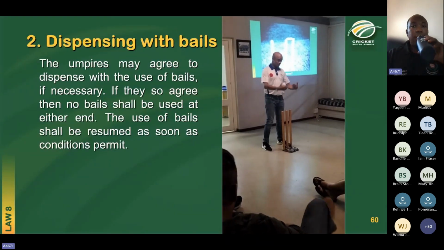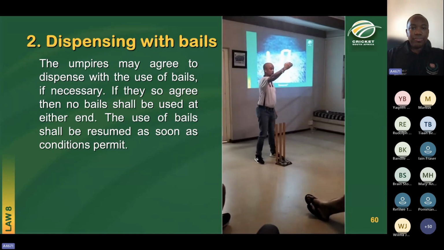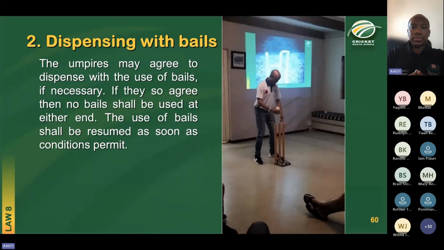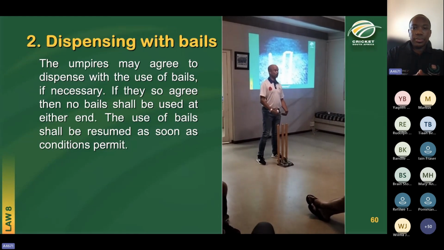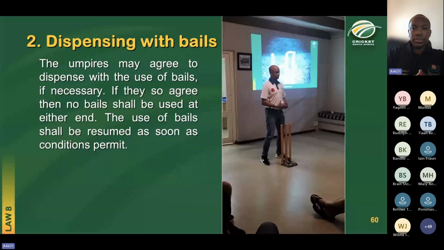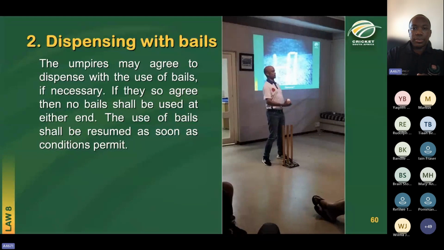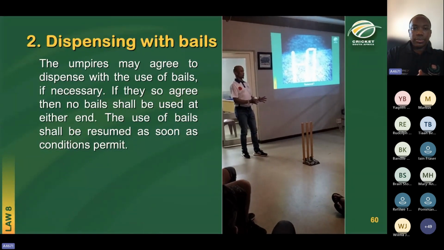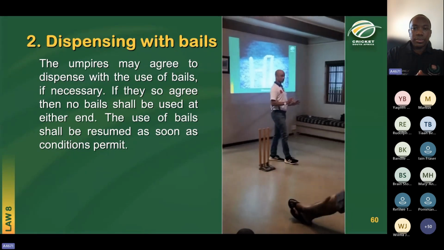And when you do decide to remove the bails from the stumps, you need to remove them from both ends. You cannot have a game where you say, I'm only removing the bails from this end because this is the way it keeps on falling off. Unfortunately, not. The law is quite clear on this. So now we've decided to remove the bails from both ends. So now the law changes.